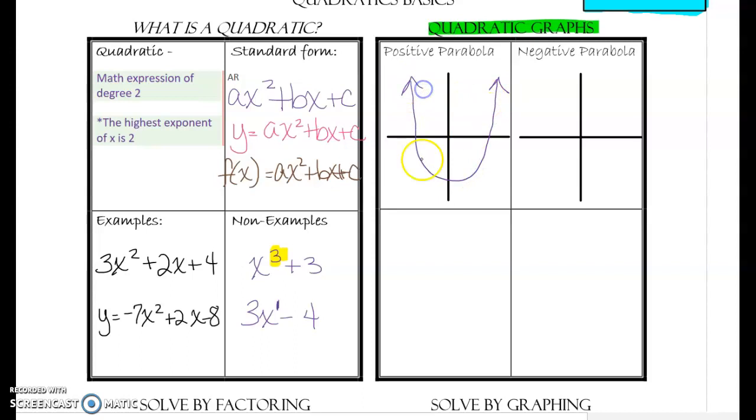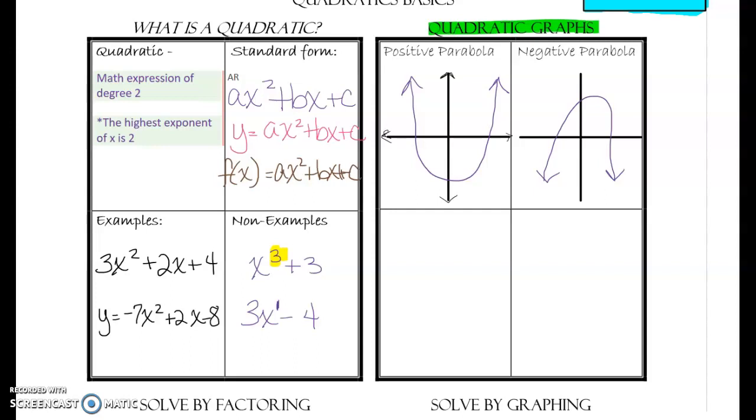I went ahead and had this written on there. Your page doesn't have a graph on there, but you can draw that on there. And a negative parabola is upside down, right?